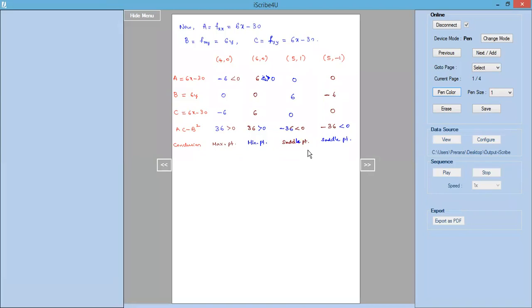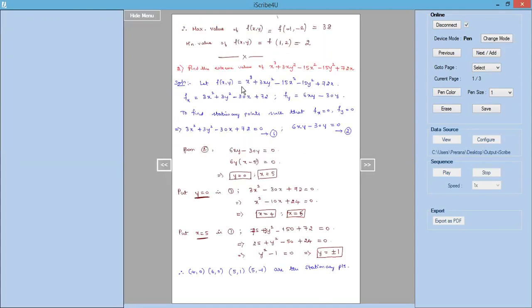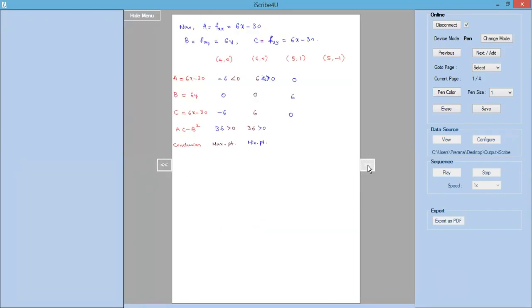Now we need to find out the maximum value and the minimum value respectively. So the maximum value is at the point 4, 0 and the minimum value at the point 6, 0. We should substitute 4, 0 and 6, 0 in the given function f of x, y. So let us conclude that answer.